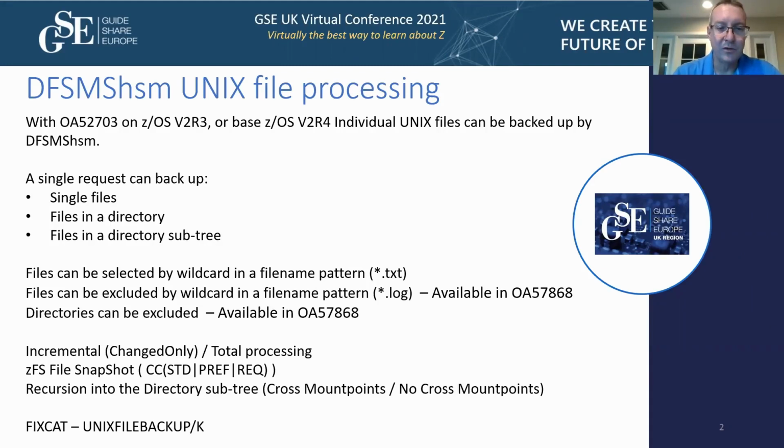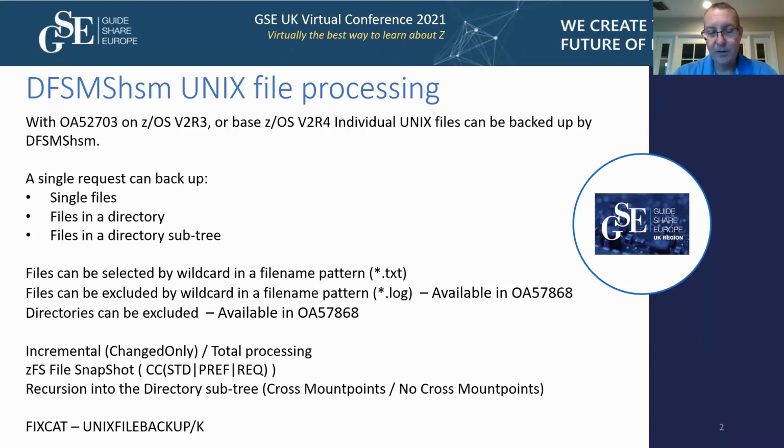I'm not sure if they're used to the old TSM product, which didn't do that, or why. But we did also add the support to have exclude criteria, so that you could exclude files based on some pattern, and that came a little bit later in a follow-on APAR as OA57868, and also in that you can exclude directories as well.